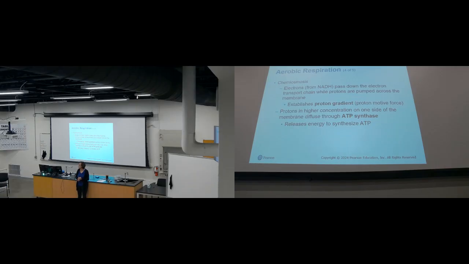Some of these carriers of electrons have specific molecules, like cytochromes. They have iron in them. Other ones, like flavin mononucleotide, derive from flavin adenine, and this is coming from riboflavin, which is one of the vitamins.